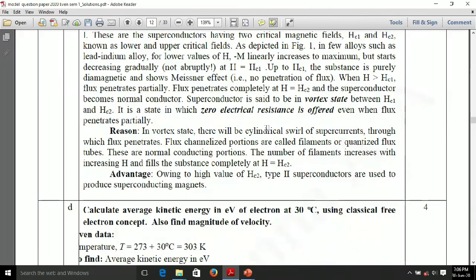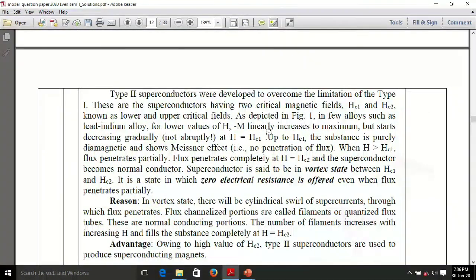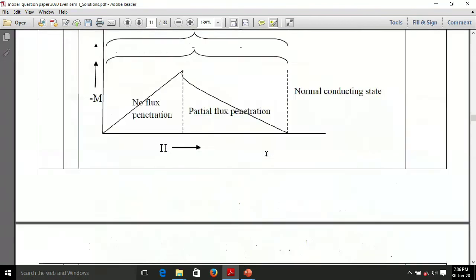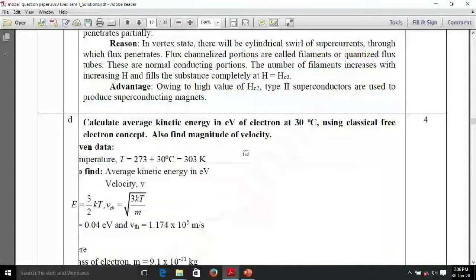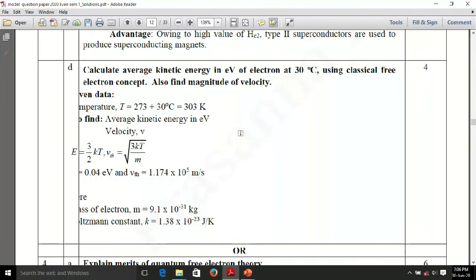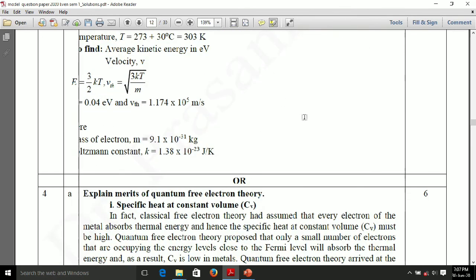I have found that in some of your answers submitted as the assignment, the diagrams have been ignored. So diagrams are required. There will be 1 mark for each diagram. Again, this problem was discussed in the earlier lectures, so no need to discuss it further. This carries 4 marks.